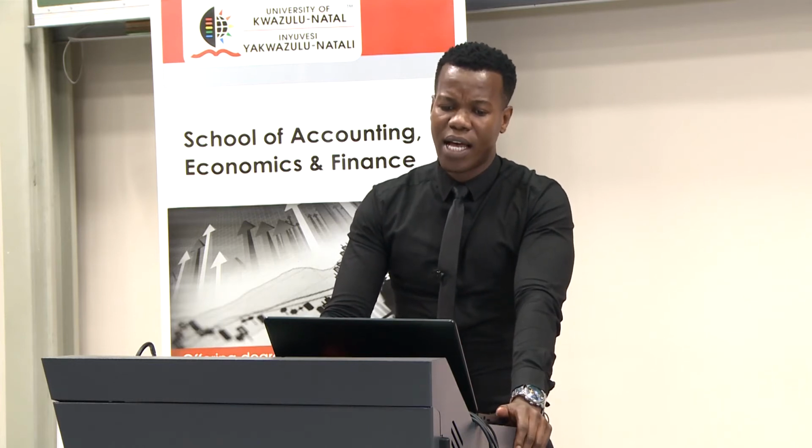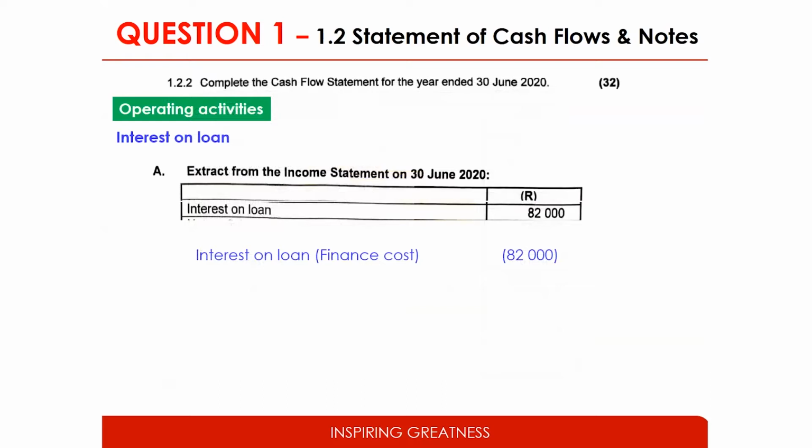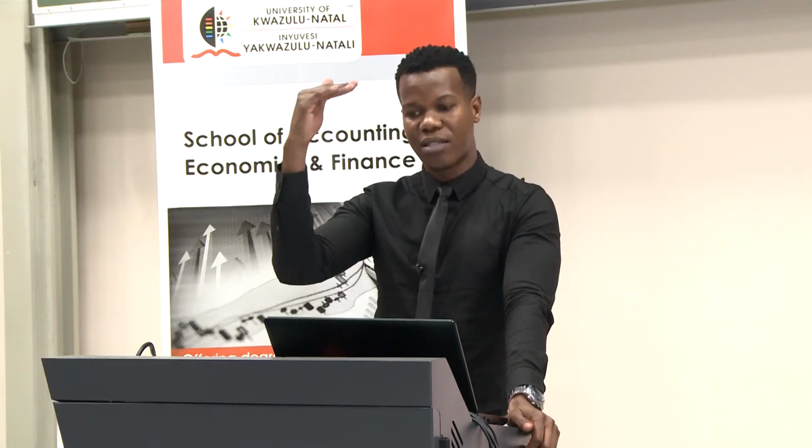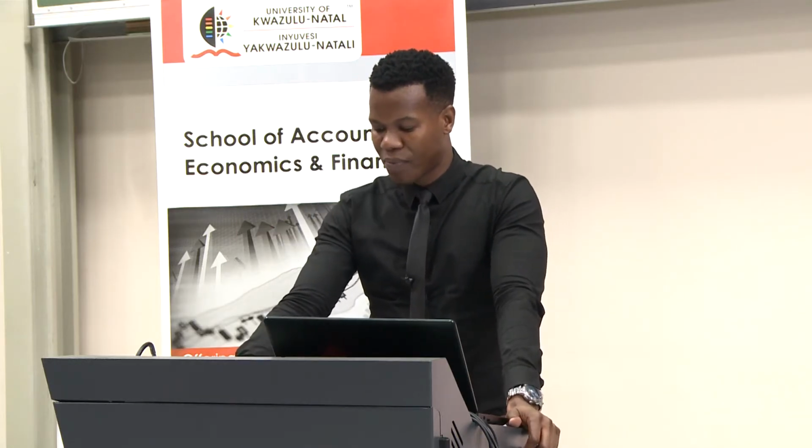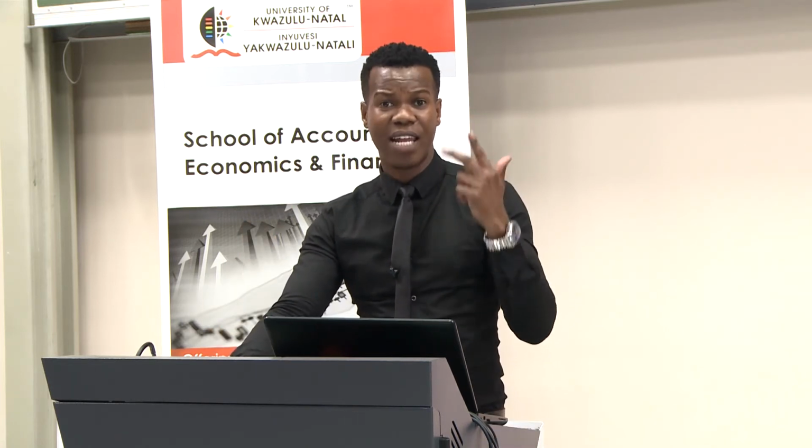Now here, a cash flow, first of all, shows how changes in the balance sheet accounts and income affect cash and cash equivalents. And it then breaks down all of these effects and analyzes it down to operating, investing, and financing.